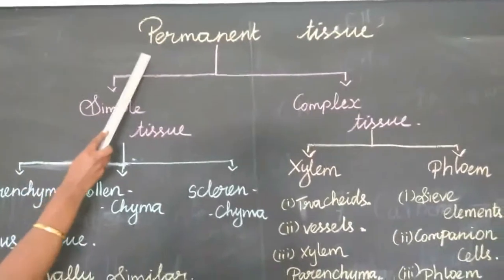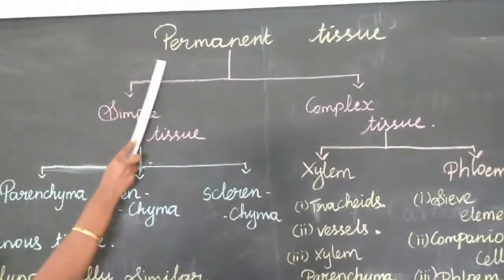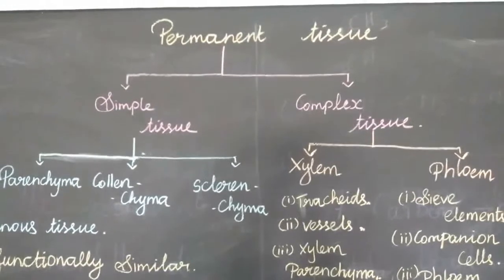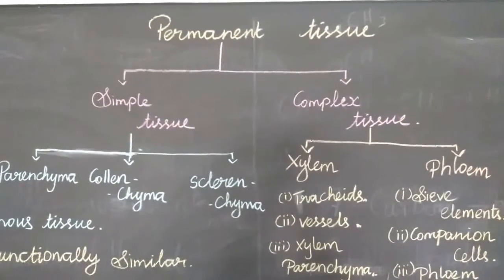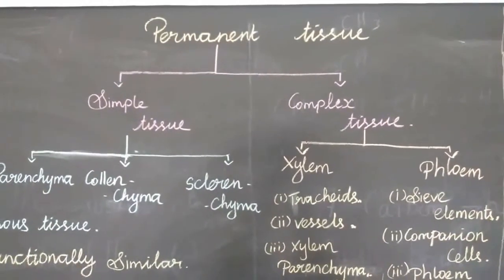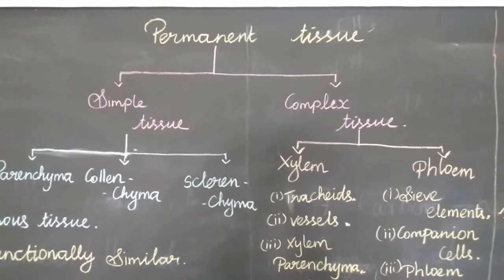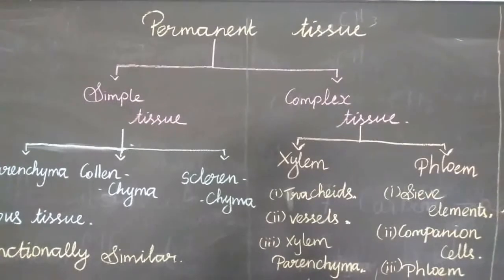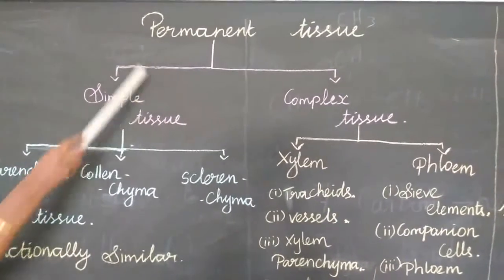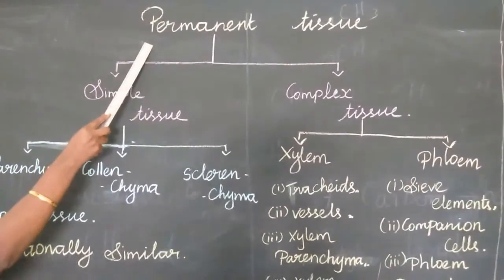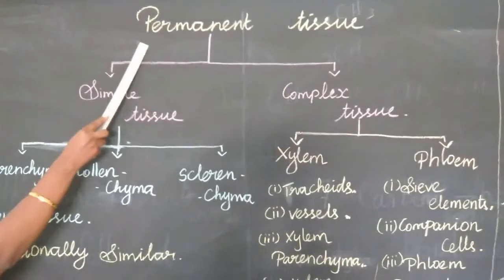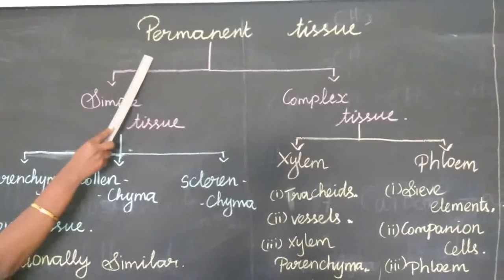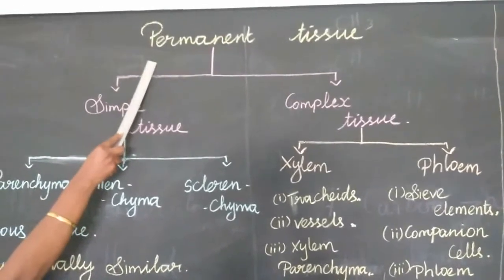The second category of tissue is permanent tissue. Just remind yourselves, what are the two types of tissue? Meristematic tissue and permanent tissue. We completed meristematic tissue. Now let us see the permanent tissue.